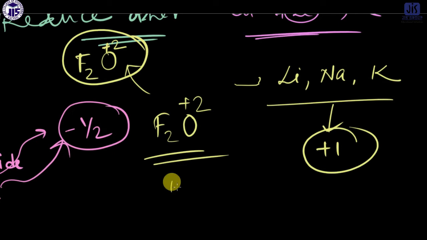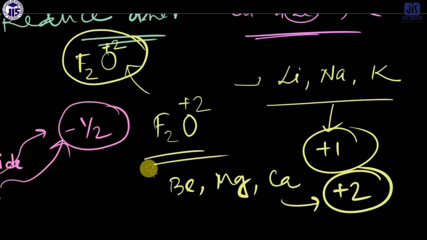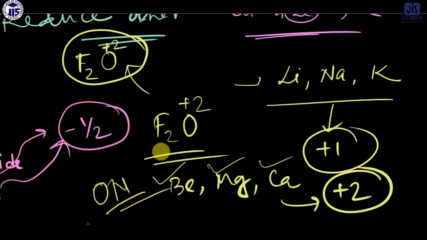Alkaline earth metals, like beryllium, magnesium, calcium, always show the oxidation state +2. So you have to keep in mind this fact: the oxidation number of alkali metals is +1, and for alkaline earth metals it is +2.